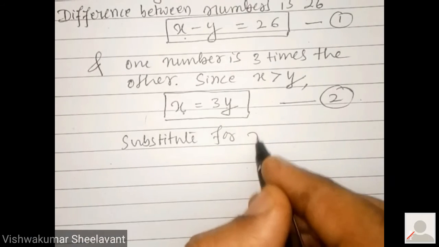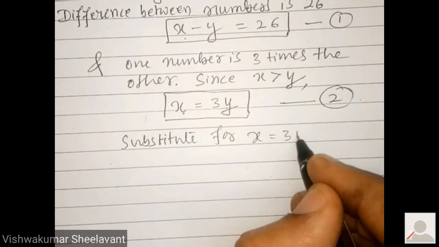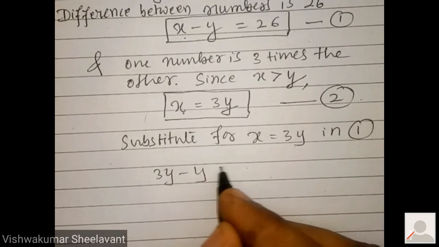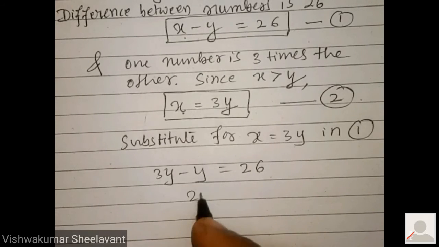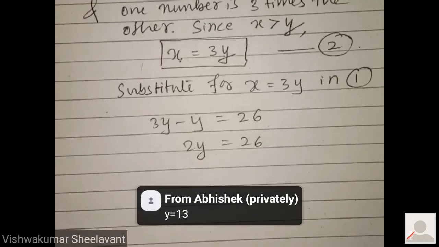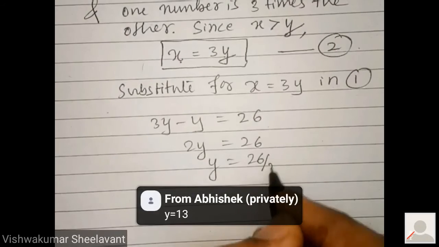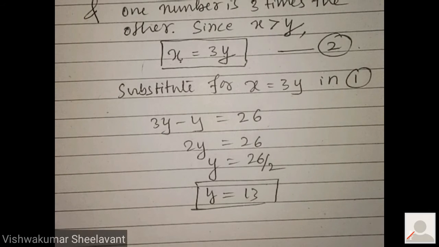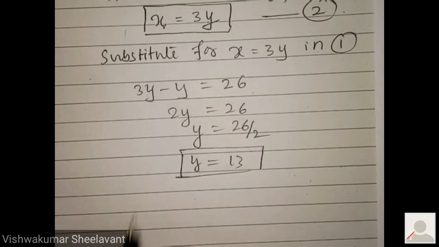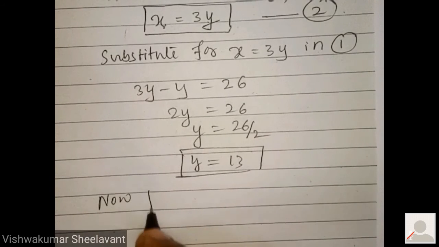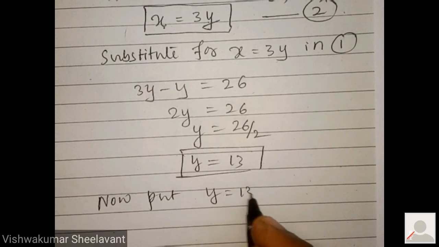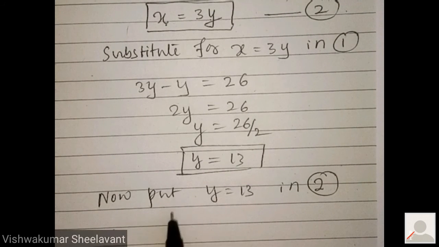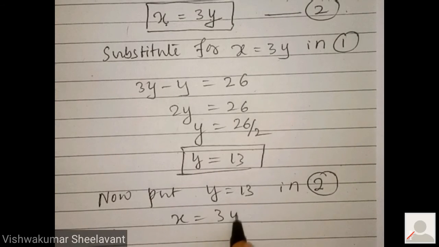Substitute x equal to 3y in 1. You get 3y minus y equal to 26. 2y equal to 26. y equal to 26 by 2. So y equal to 13. Now put y equal to 13 in equation 2. x equal to 3y.